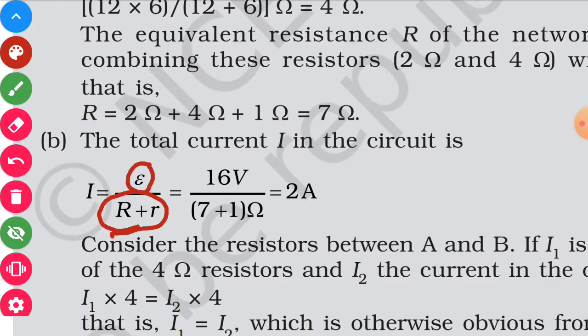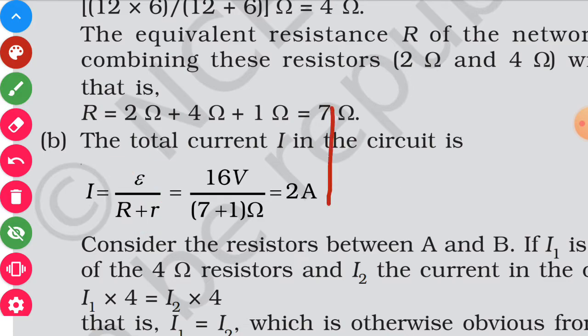So I is equal to voltage upon total resistance, 16 volt upon 7 plus 1, so 8, so it becomes 2 ampere. So 2 ampere is the total current passing through it.